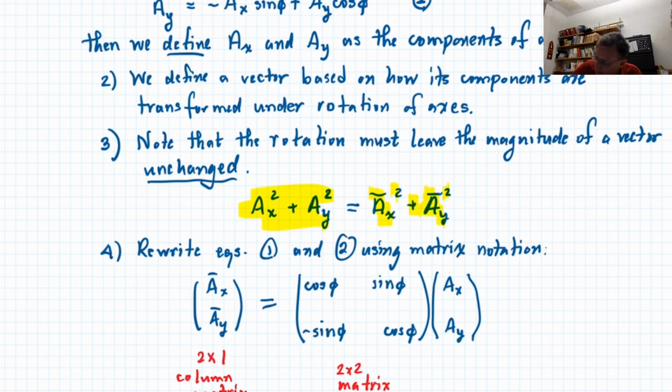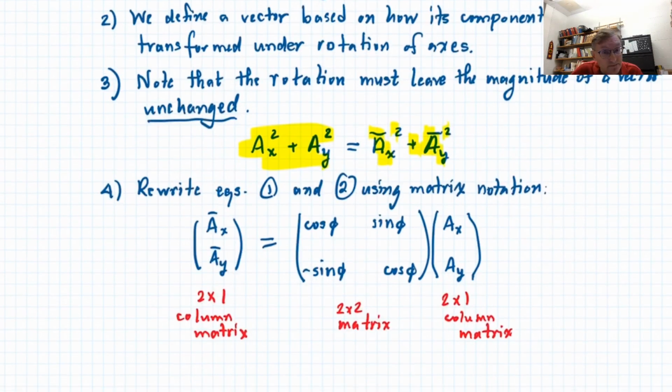This is a 2 by 1 column matrix. And this is meant to imply that you use matrix multiplication. Okay? You multiply the 2 by 2 on the right by the 2 by 1 on the right, and you will get the 2 by 1 on the left.